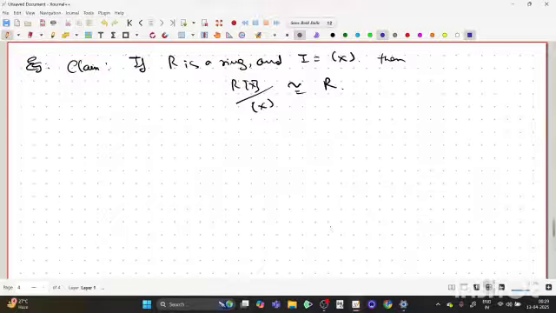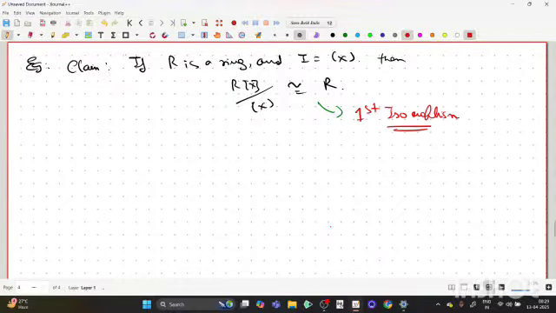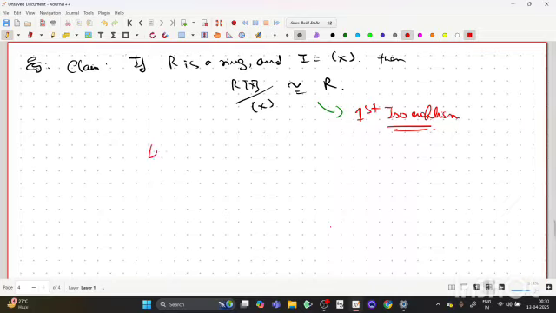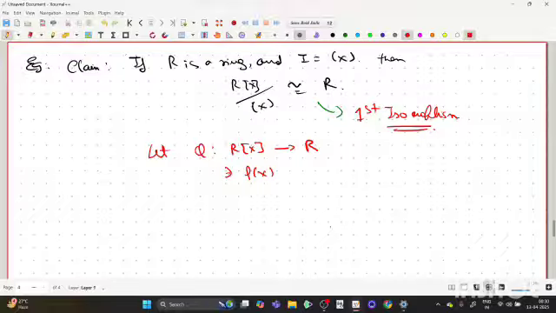To prove such a structure, the first thing one should think of is the first isomorphism theorem. What we want to do here is let phi be a map from Rx to R such that f of x is evaluated to f of 0.